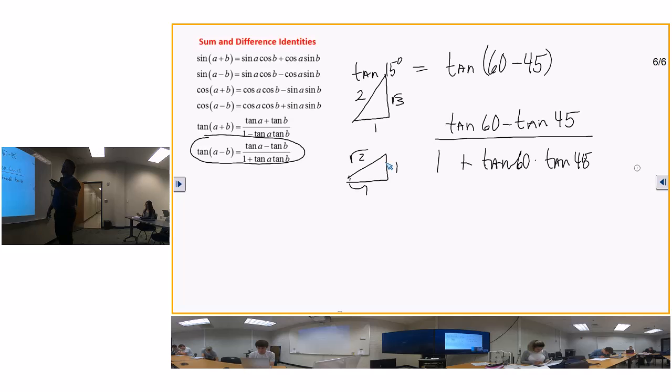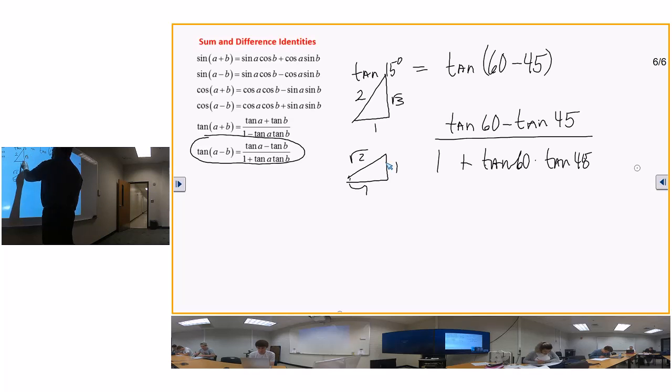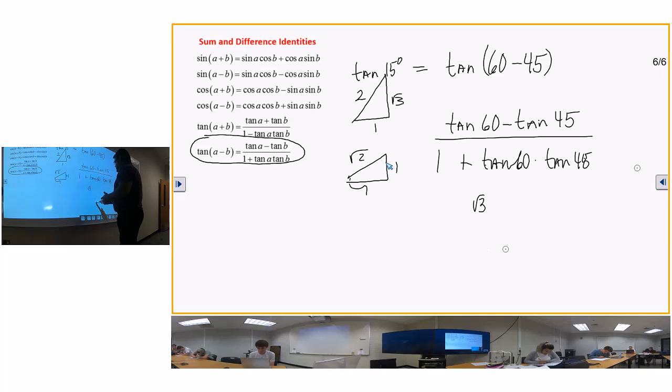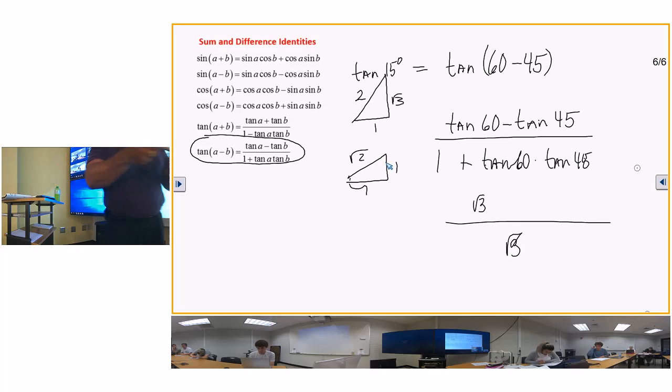So what's the tangent of 60? That's going to be square root of 3 over what? 1. So that's going to be here, it's going to be the square root of 3. And down here, it's going to be the square root of 3. Okay?